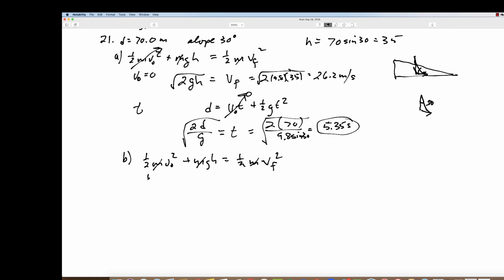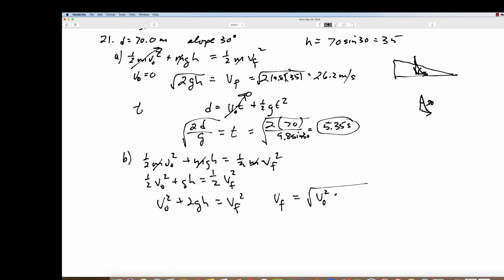We have 1/2 v0 squared plus gh equals 1/2 vf squared. Multiplying through by 2, we have v0 squared plus 2gh equals vf squared. So vf is going to equal the square root of v0 squared plus 2gh. We put that in.